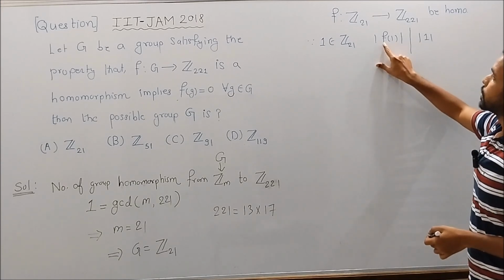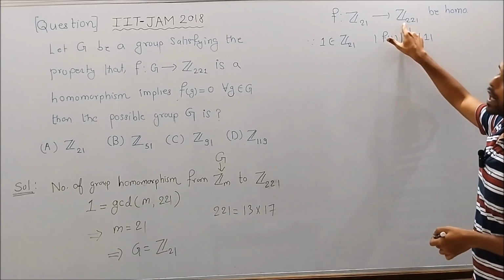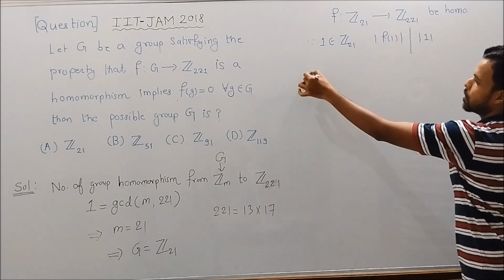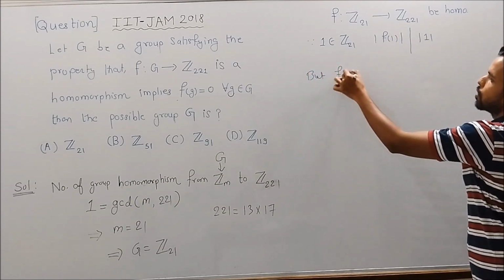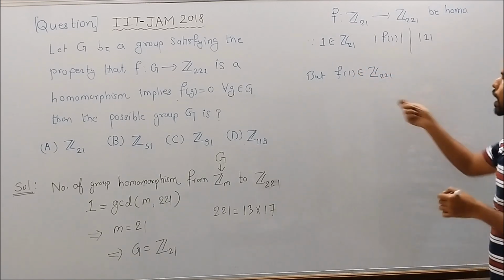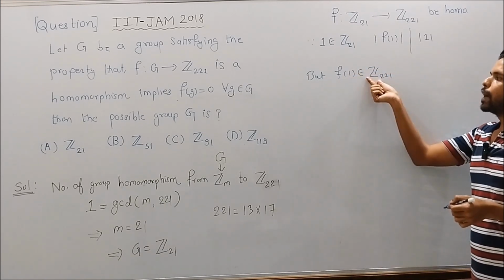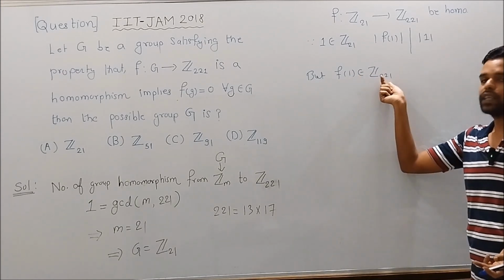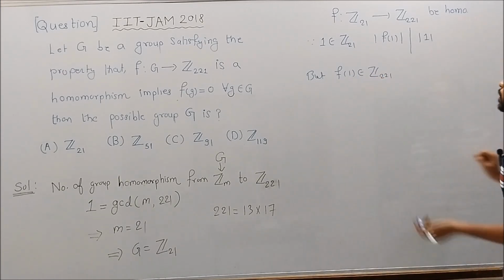What is the image of 1? That is f of 1. But f of 1 belongs to Z221, and we know that the order of an element divides the order of the group.